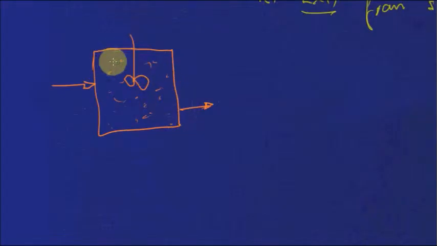So it also means that if you take a sample at any point in that reactor, you will get the identical type of fluid as you would get at any other point, including a point at the exit. So a characteristic then is that the concentration that you get anywhere in the reactor is the same as the concentration at the exit point.